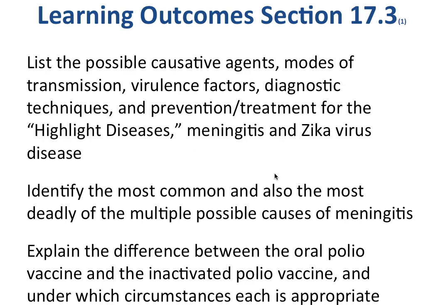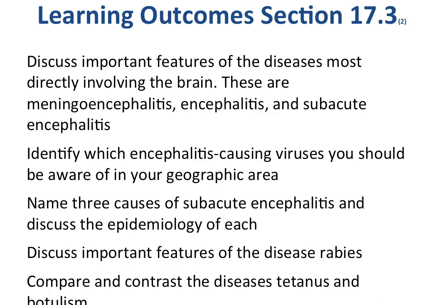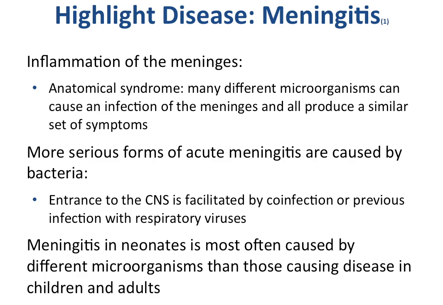Now let's work on section 3. Let's talk about nervous diseases. The first is meningitis. Meningitis is a very important disease for humans.